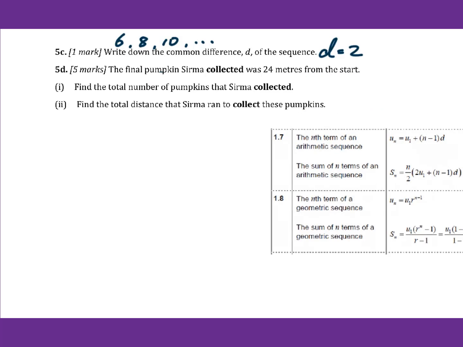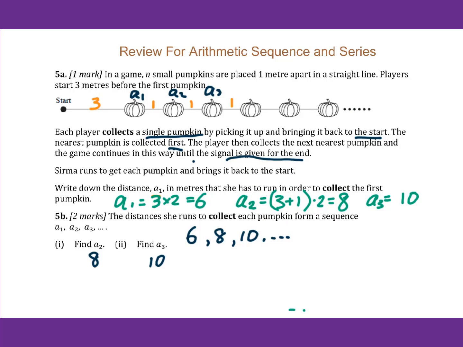For 5d, the final pumpkin Thelma collected was 24 meters from the start. Find the total number of pumpkins that Thelma collected. Let's go back to this diagram. If this pumpkin, for example, is 24 meters from the starting point, then A sub n equals 24 times 2, that is 48.